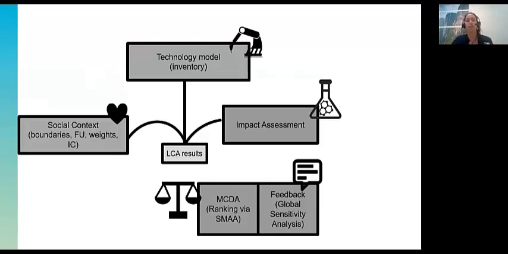Do we need to refine or look more into these technology parameters, the manufacturing, the use phase performance? Or do we need to have more information about the preferences of stakeholders? Or does it really depend on the functional unit? And that could relate to how the product or the technology performs.